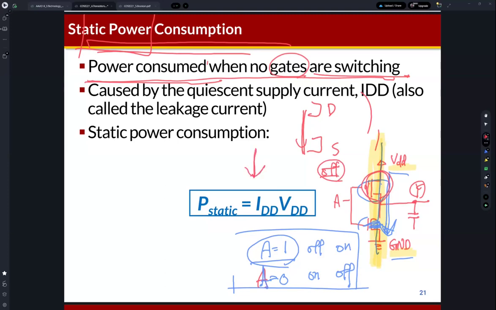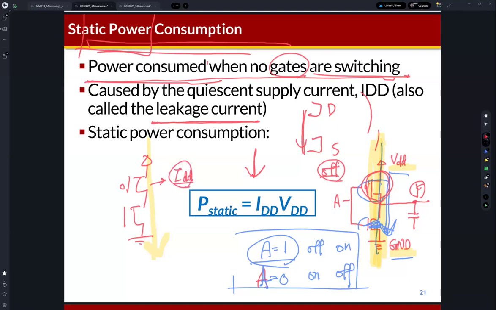This amount of current is smaller than the current in the connected circuit, but anyway, the current flows, and this current is called the leakage current. So the leakage current can flow from VDD to ground, and this leakage current is the IDD.